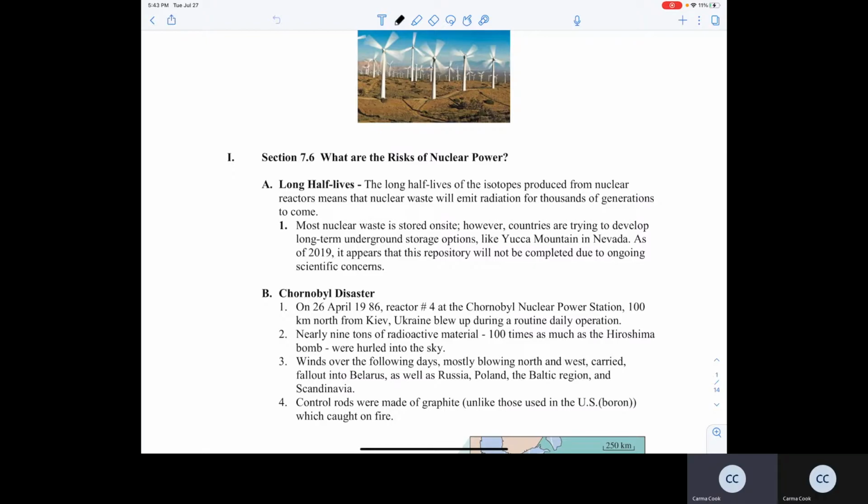The difference between the two types of plants is how the steam is generated, how the water is heated. With a coal burning power plant, it's heated by combusting coal. In a nuclear power plant, it's done by nuclear fission reactions that produce the heat energy that boils the water.